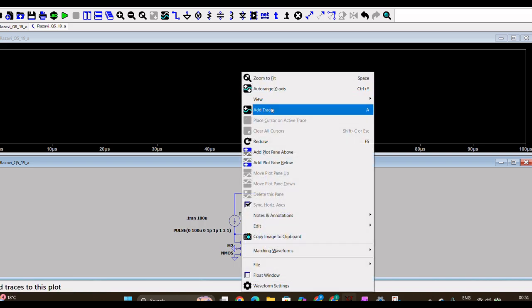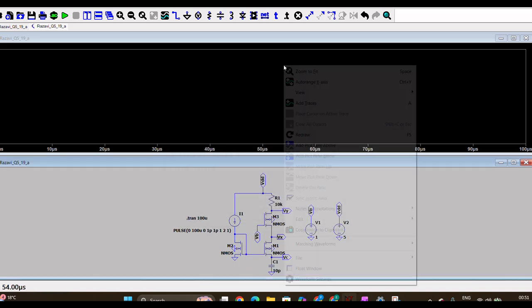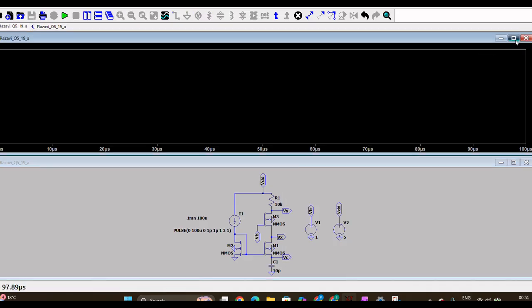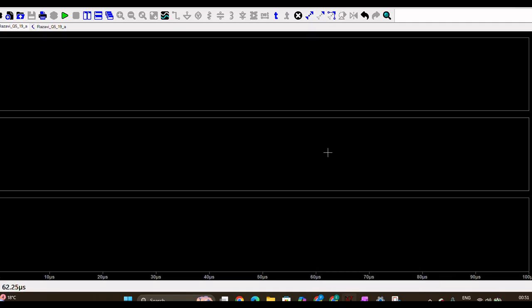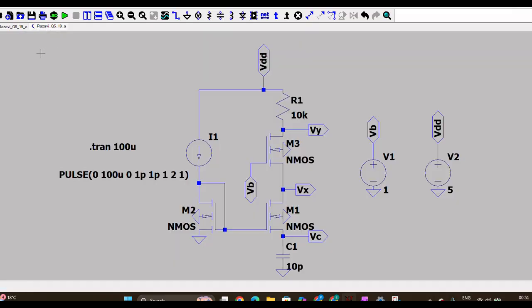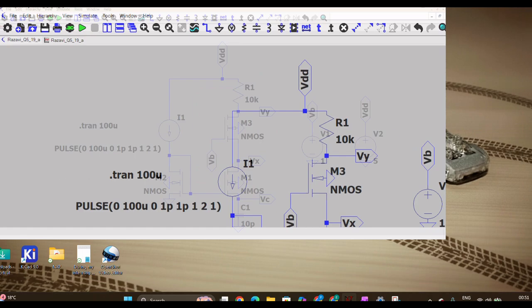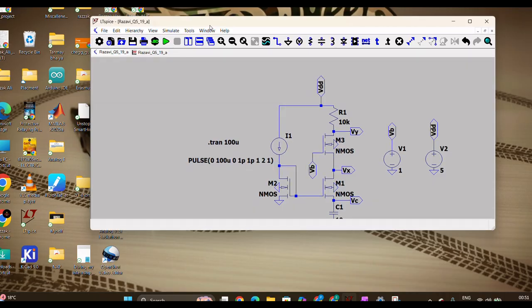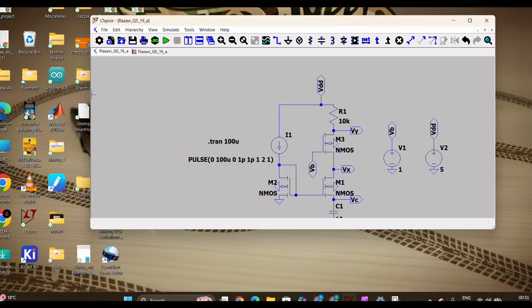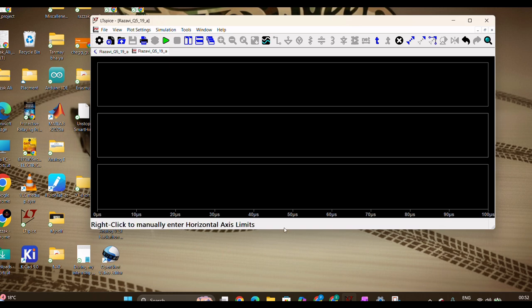So first let me add one more plot, one more space, and let's plot. I think I have to move my simulator like this. Let's move to the simulation.